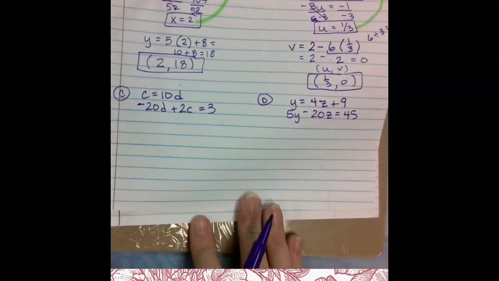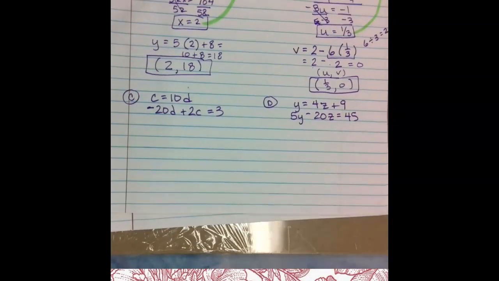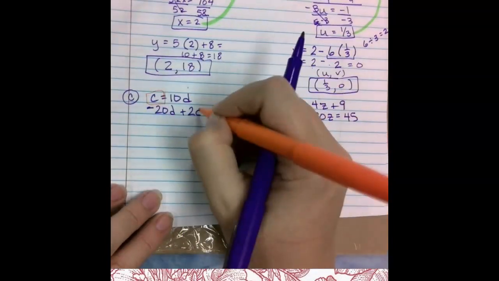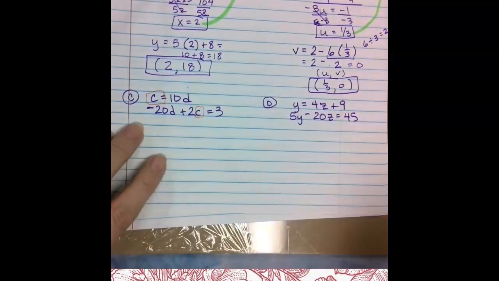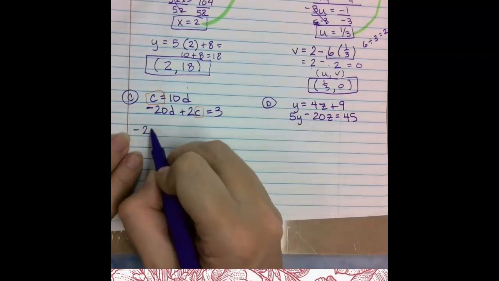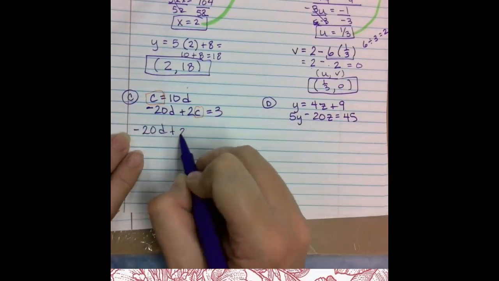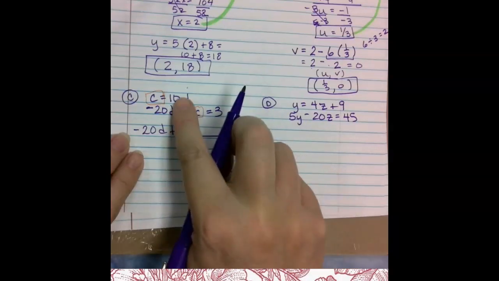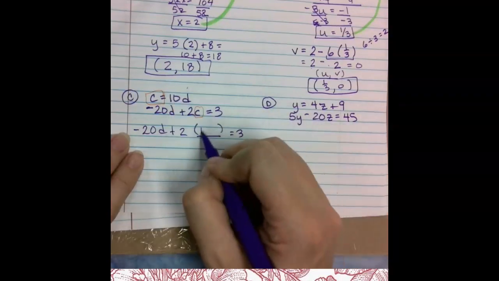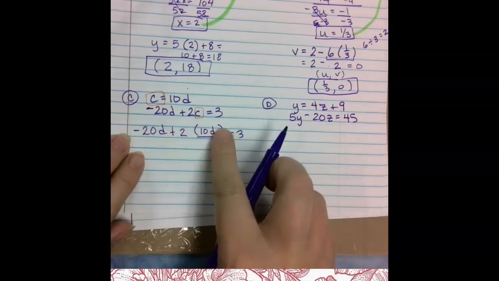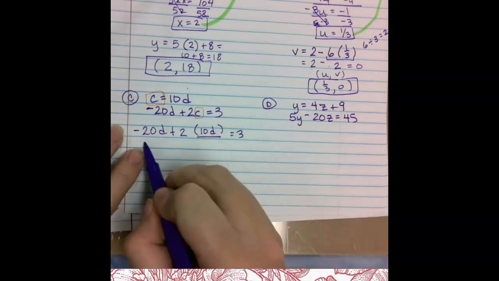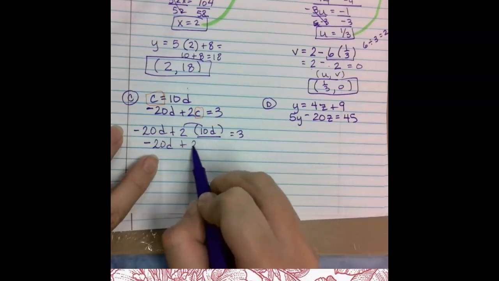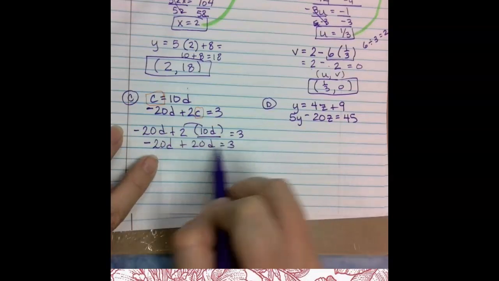Okay. So step 1, this one's already by itself. So I'm going to plug this in right here in this one. I'm going to write this down: negative 20d plus 2, leave a space, equals 3. And where the c was, I'm going to put in the 10d. This time there's not two things, so I don't have to distribute. What I get is negative 20d, and I do multiply those, plus 20d equals 3.